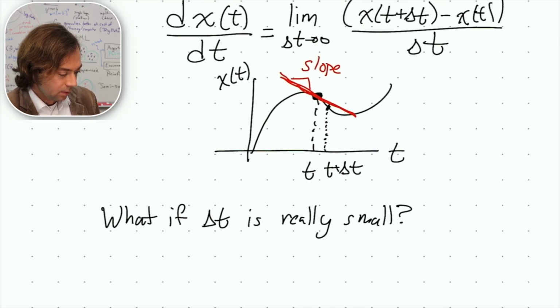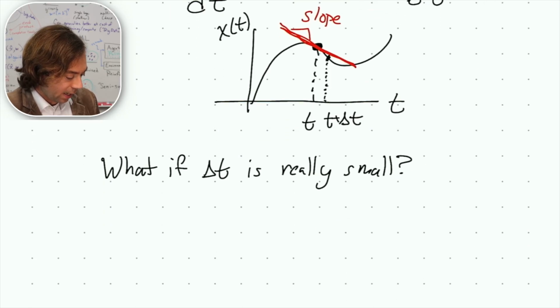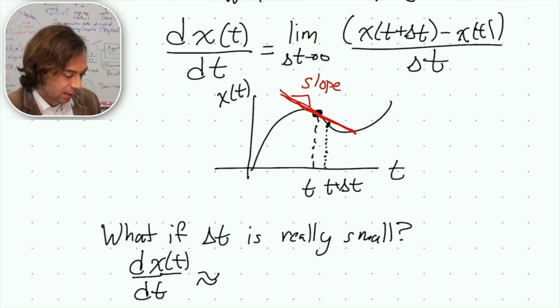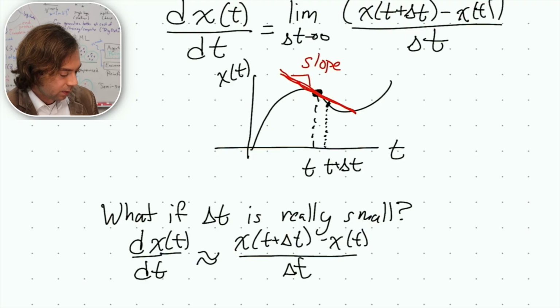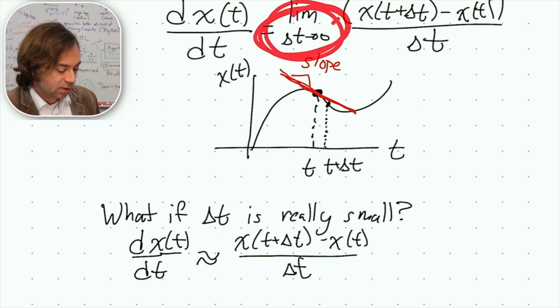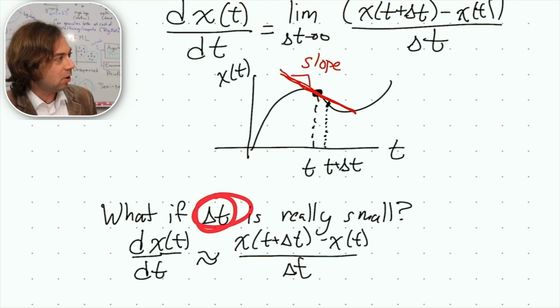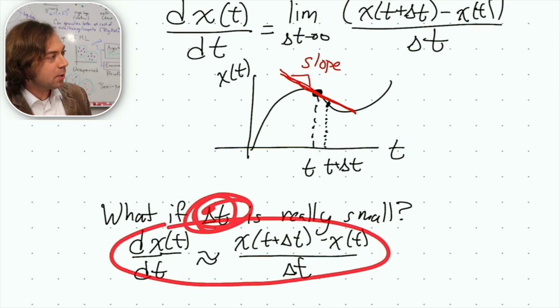Then we would say the same equation over again, where dx/dt of t is approximately equal to x of t plus delta t minus x of t, all over delta t. So instead of the limit as it goes to 0, you just say, hey, delta t is small. It's small, and this is almost right.